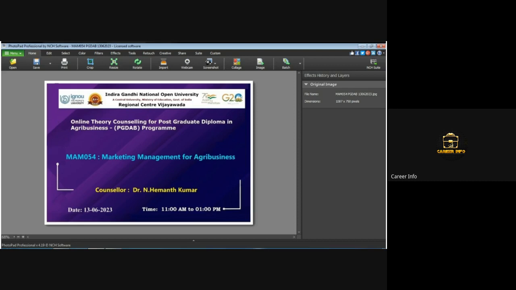So this particular block will encourage all the learners to explore themselves in the role of a marketing manager, as well as the boundaries of marketing.